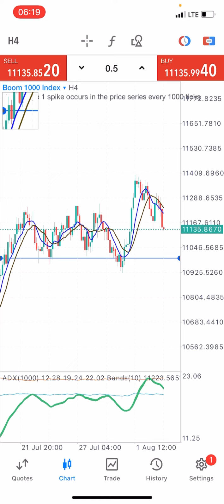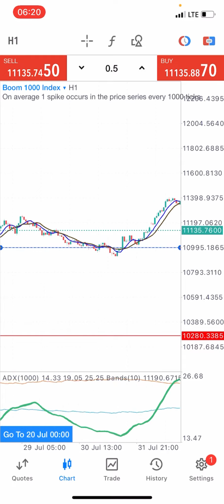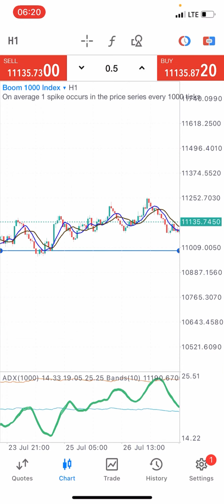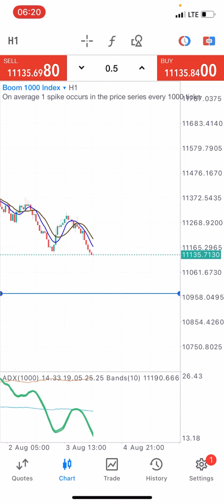This happens to be a support at that level. So we're expected to leave the market to come down to that level before we think about going into the trade. Patience is very important in a trade.